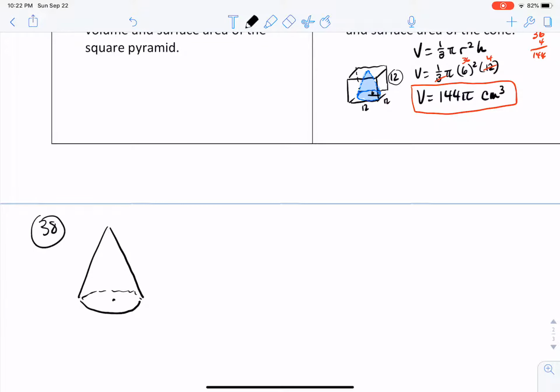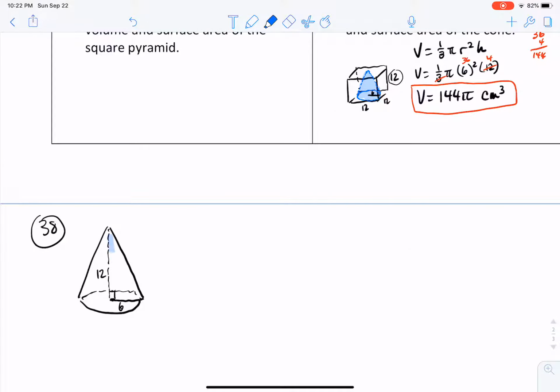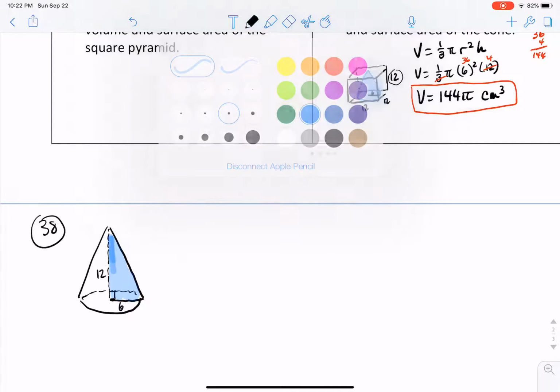We just said that the radius length here is 6, and our height is 12. Then I'm going to shade, instead of the whole thing, just this right triangle here, because you'll see in a second we'll have to solve the right triangle.